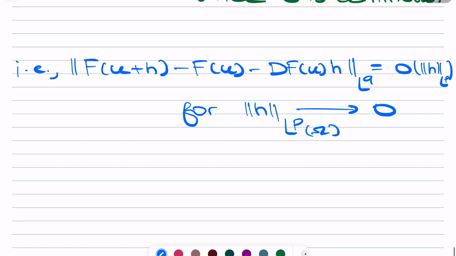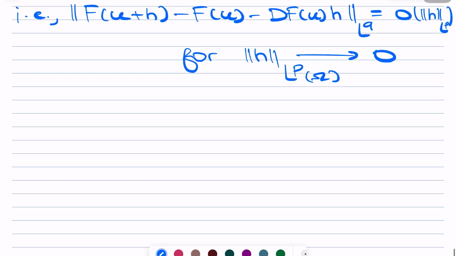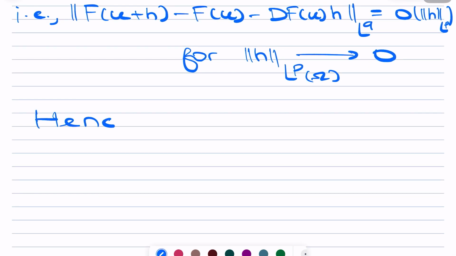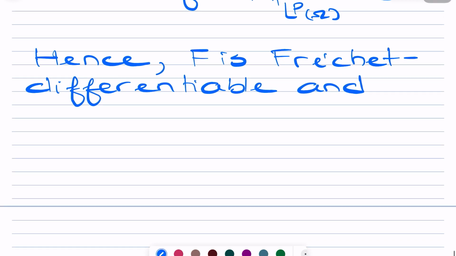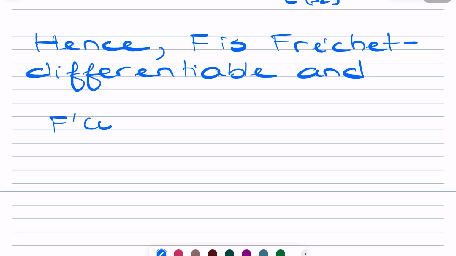So hence, f is Fréchet differentiable, and f prime of u, the Fréchet derivative at the point u, is exactly the g of u.